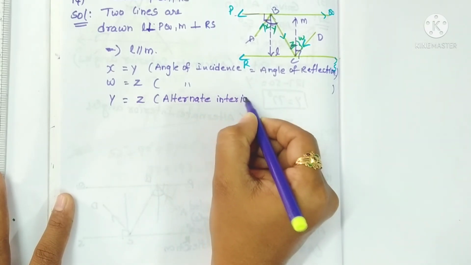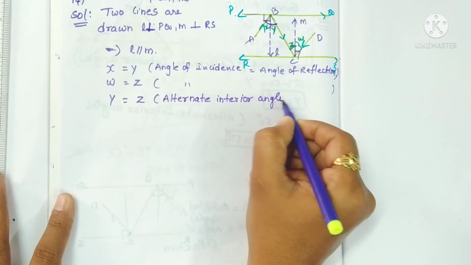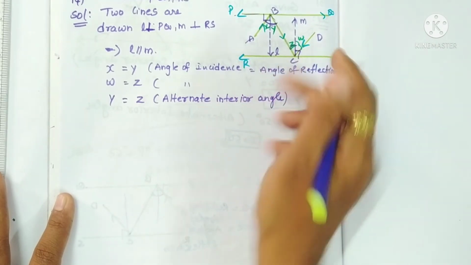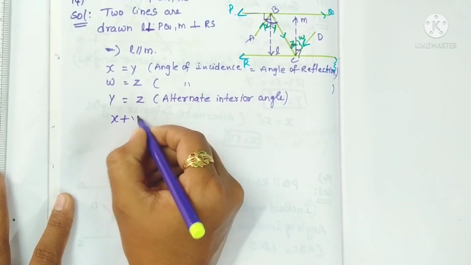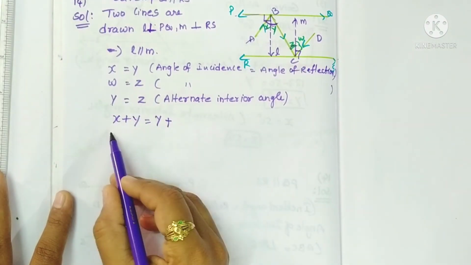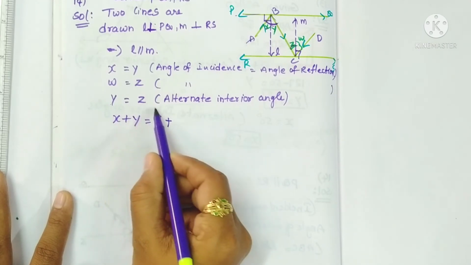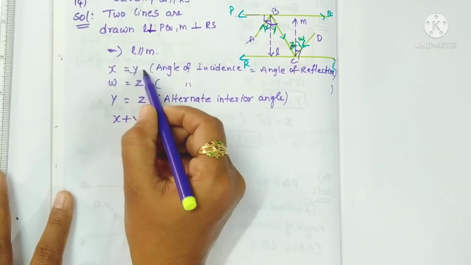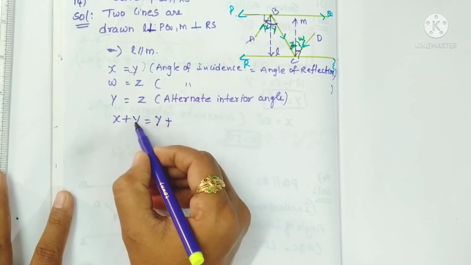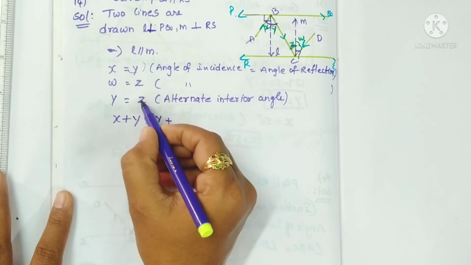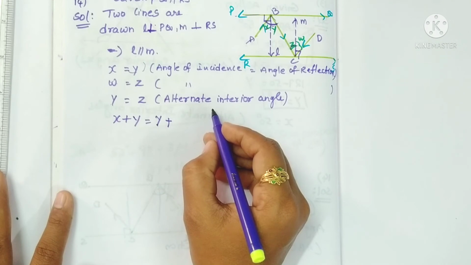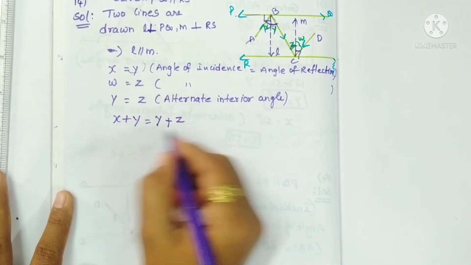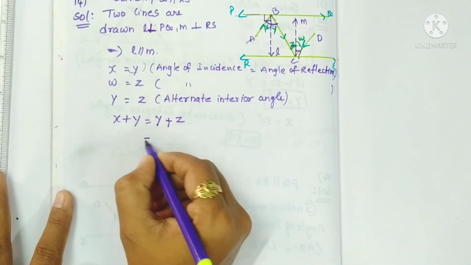Okay, now actually we want to prove angle ABC is equal to angle BCD. So what is angle ABC? X plus y, na? X plus y is equal to x plus, in the x place I can write y because x is equal to y. Okay, and in the y place we can write z because y equals z. Okay, and z equals w, right? So first write x plus y equals y plus z.